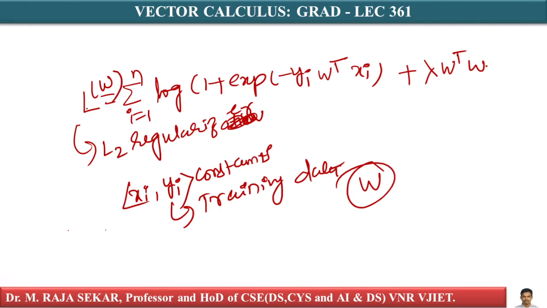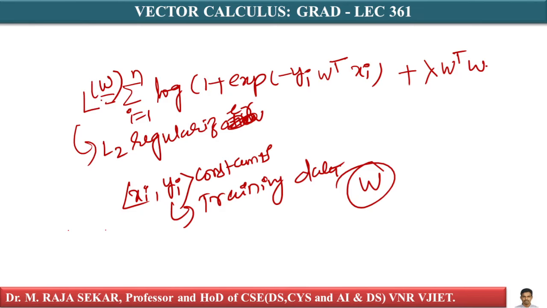Now to find maxima and minima for this, with the L2 regularizer, L of w, you have to perform the derivative of L, or grad of L with respect to w, because w is a vector here.